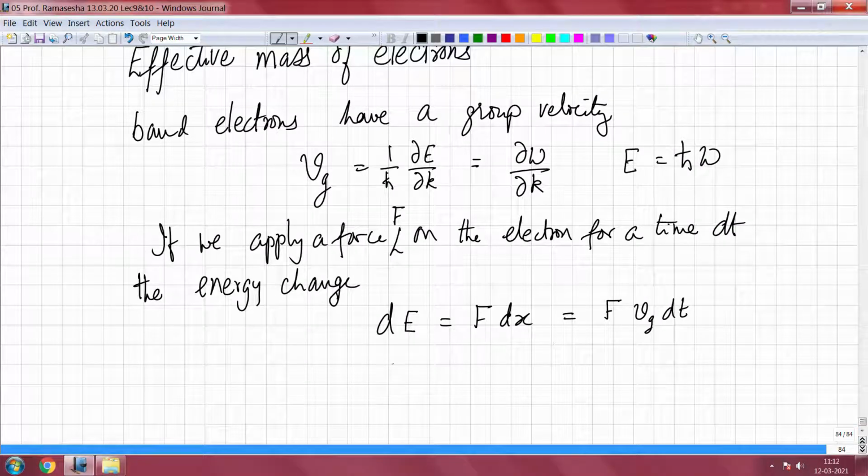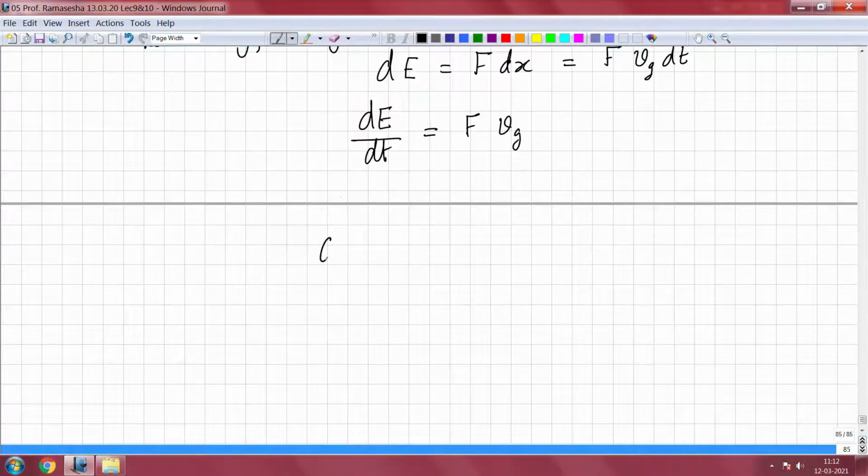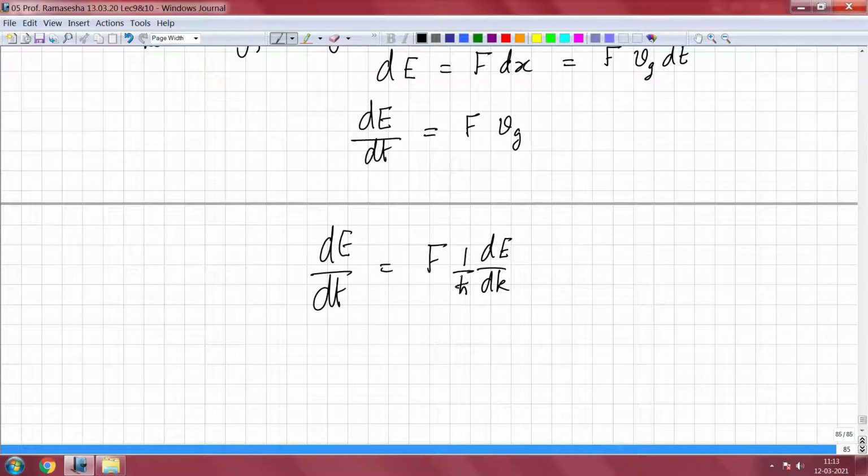Now, we can say that dE by dt is equal to F Vg, which is to say one by h cross. Now, I can write dE by dt as dE by dk times dk by dt.